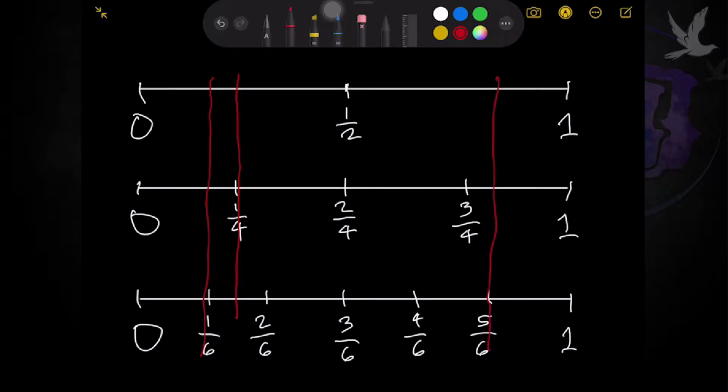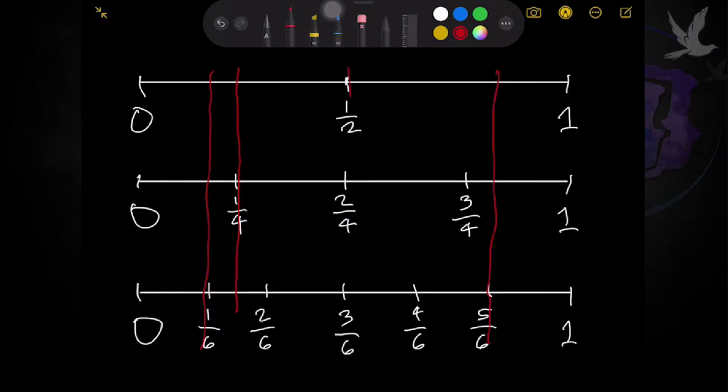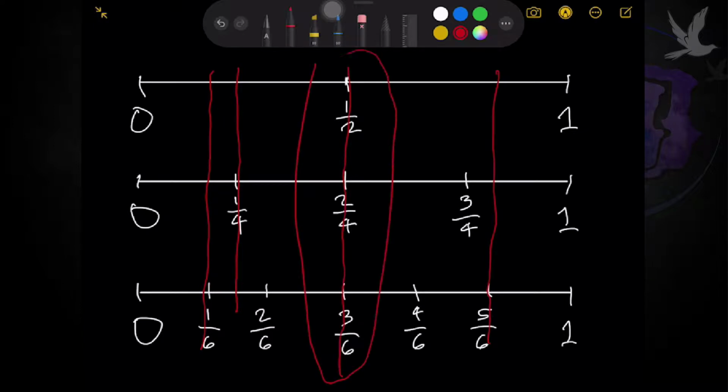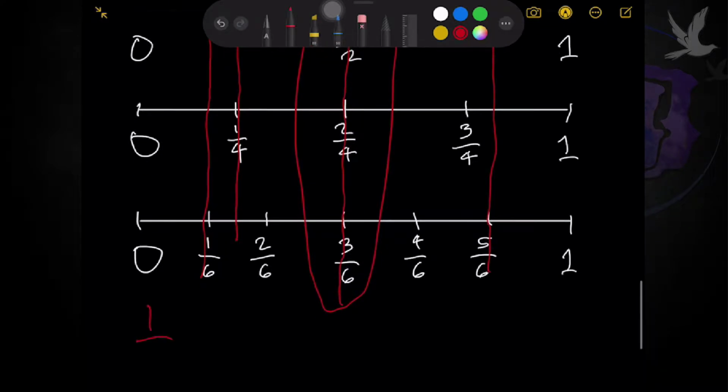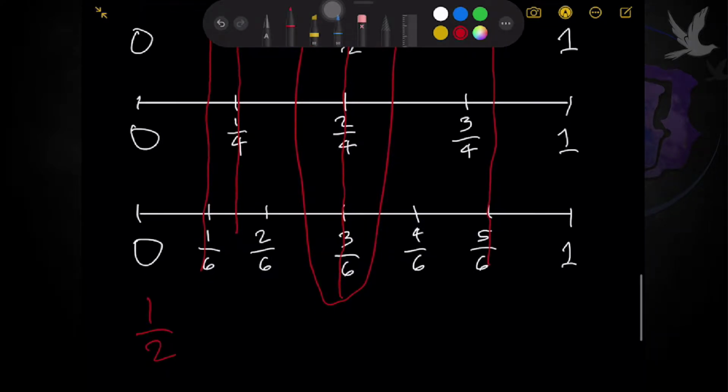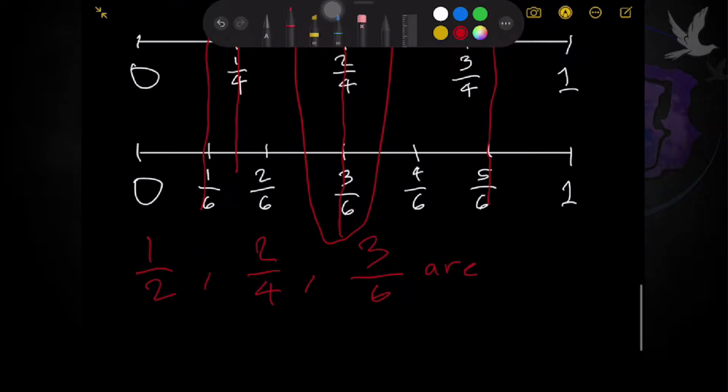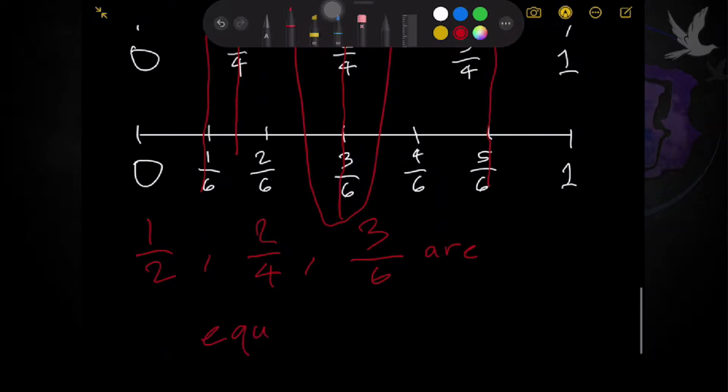No. But what you can basically see is a straight line that has all 3 fractions. And along that line, you have 1/2, you have 2 over 4, and you have 3 over 6 are equivalent fractions.